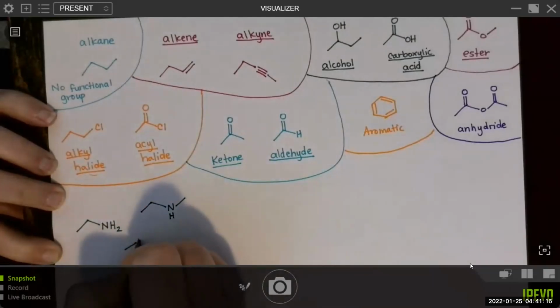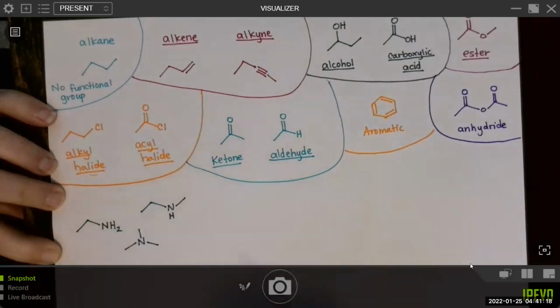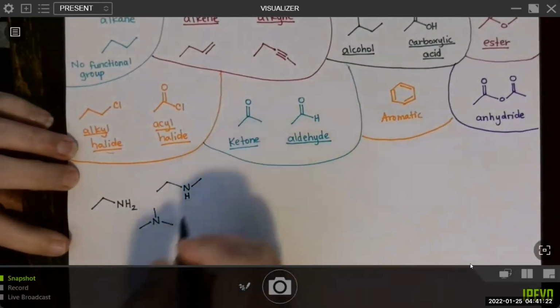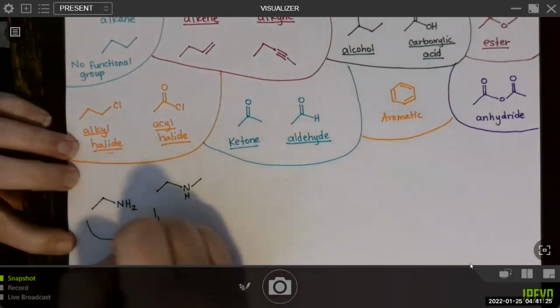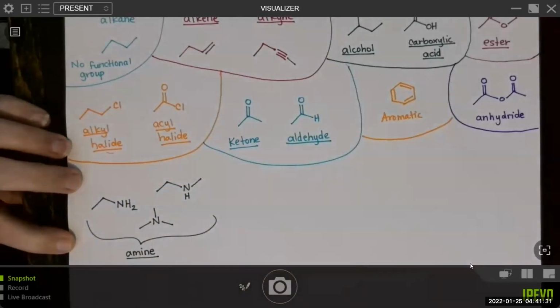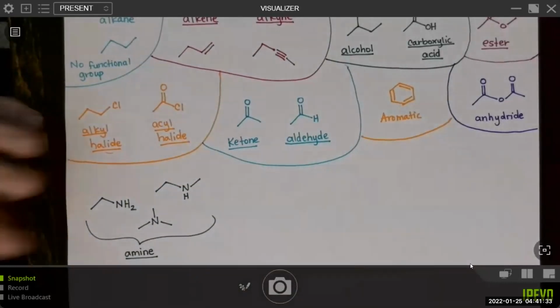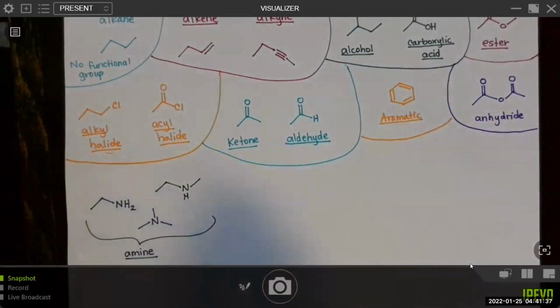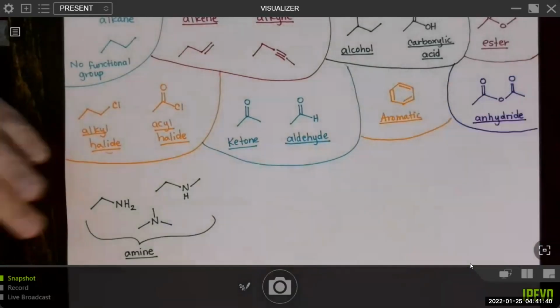Maybe it's a nitrogen with 3 carbons attached to it and no hydrogens. Right? All of these are considered amines. They're all an amine. The fact that I forgot to underline these ruins my OCD, so I have to come back.